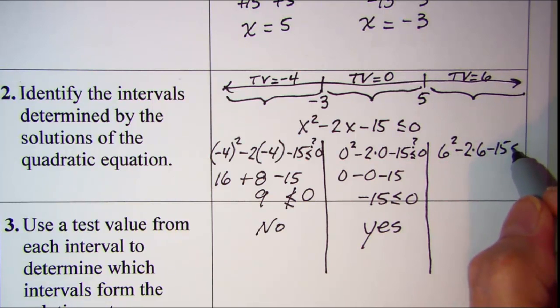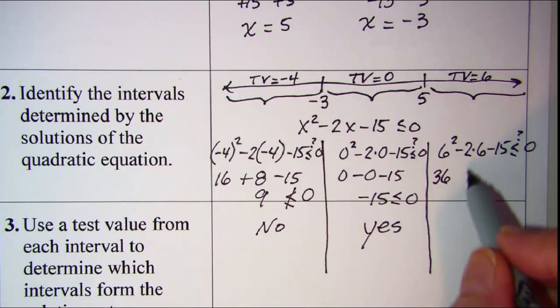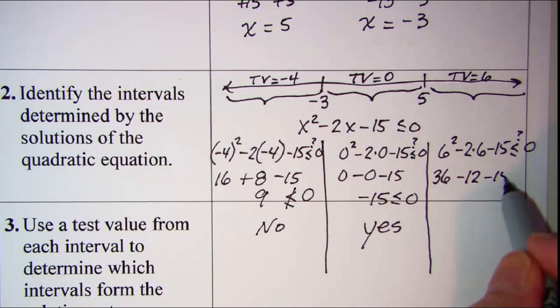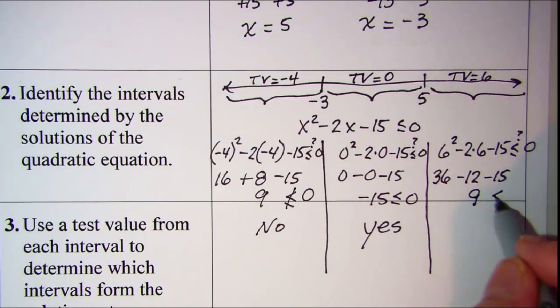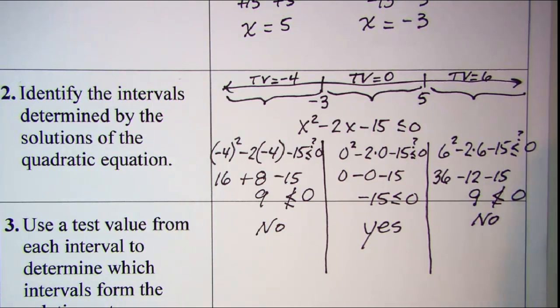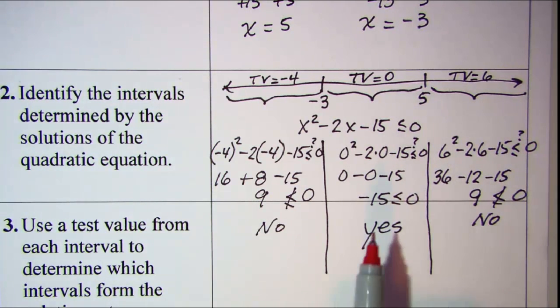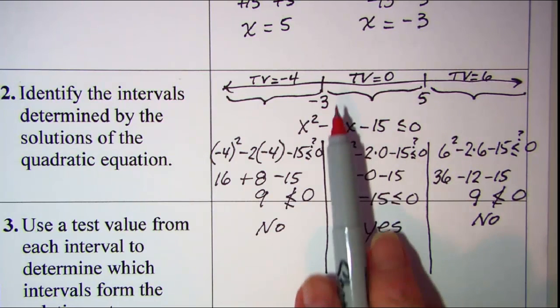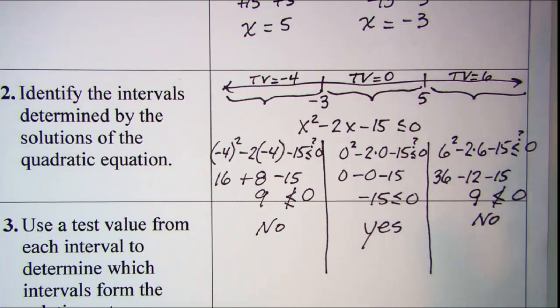And I want to know if that's less than or equal to 0. 36 minus 12 minus 15 is 9, which is not less than 0. So this interval does not work. So my solution set is going to be this interval between negative 3 and 5.